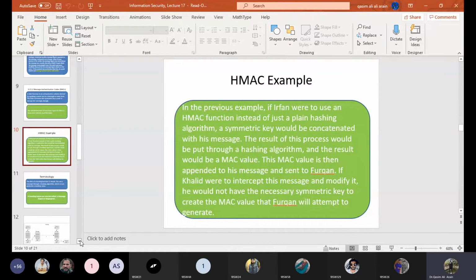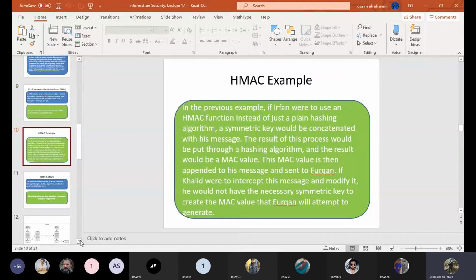If in between Khalid is going to intercept that particular message, he can generate his own hash value, but he does not have the key that was only available with Irfan as well as with Furqan, right? So Khalid does not have the availability of that symmetric key that is being used at the sender's and the receiver's end.